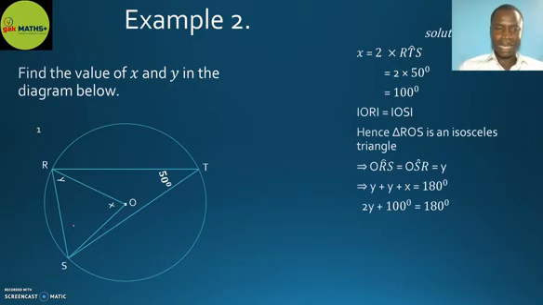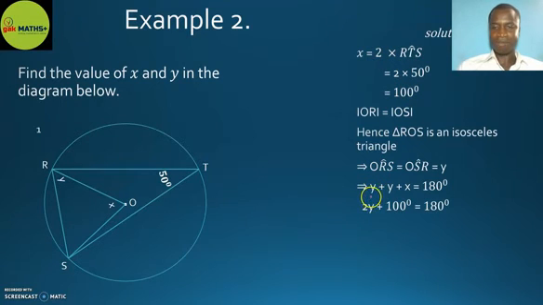So we can say that the sum of interior angles of a triangle gives us 180 degrees. So that implies y plus y plus x is equal to 180 degrees. We know the value of angle x to be 100 degrees in our first solution.